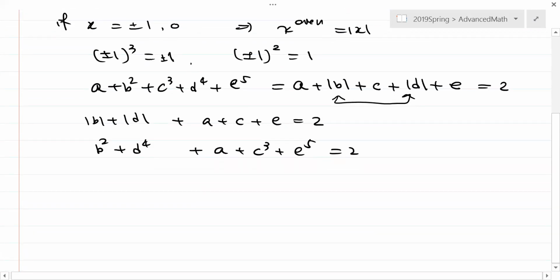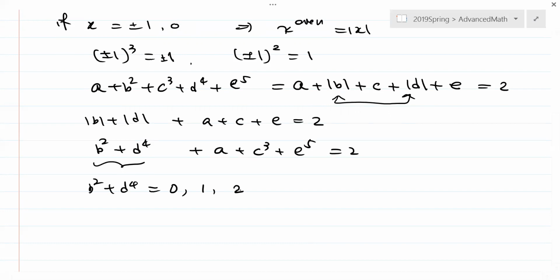So what is the starting point to solve the problem? I find it's easy to handle these 2, because what is the possible value for B squared plus D to the fourth power? The maximum possible value is 2, and it could be 0 or 1. So there are only 3 cases here.